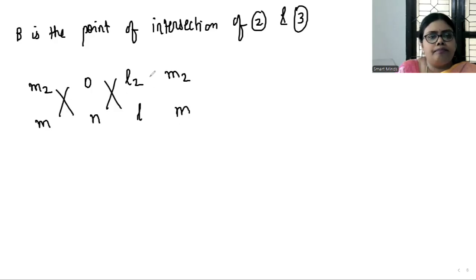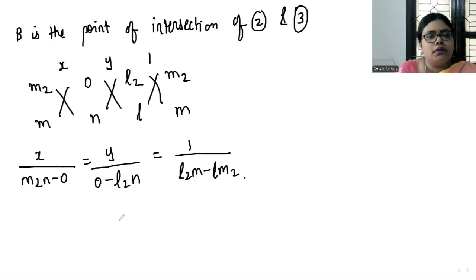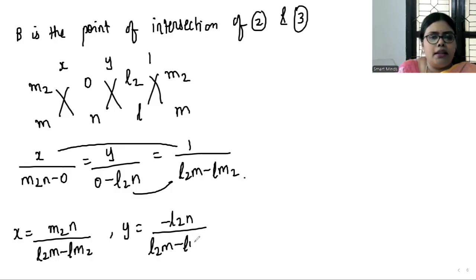Cross multiply. Here you write X, here Y, and here 1. So X by M2N minus 0. We are cross multiplying. Y by 0 minus L2N is equal to 1 by L2M minus LM2. So you equate first and last, second and last. So you will get X as M2N by L2M minus LM2, Y as minus L2N by L2M minus LM2.